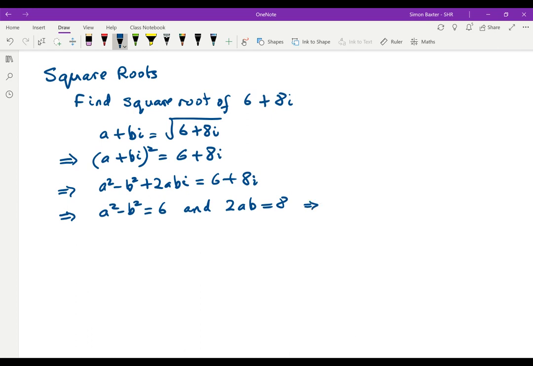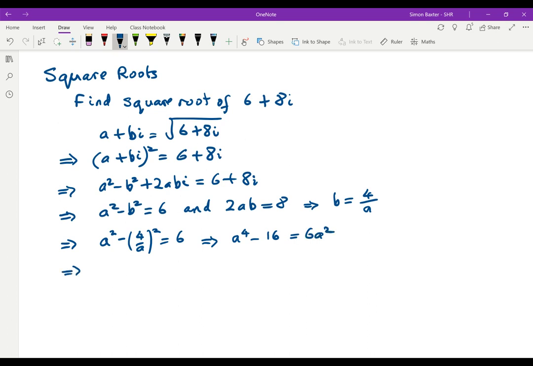That gives us that b is equal to 4 divided by a. Substitute that back in the first equation. b is 4 over a. So we have a squared minus (4 over a) squared is 6. Multiplying through by a squared, we get a to the 4 minus 16 equals 6a squared.